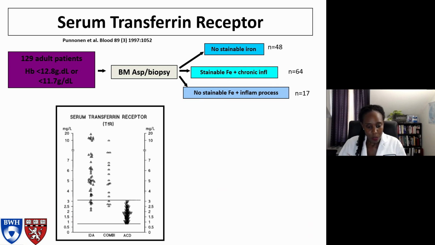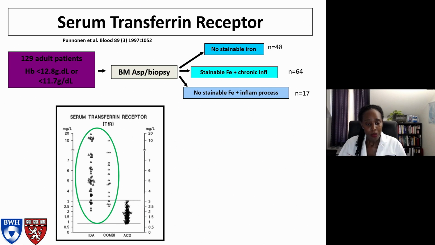Their results were plotted against the serum transferrin receptor that was found in each case. I would summarize this by saying it's only in the patients who had isolated anemia of inflammation that the serum transferrin receptor was really of any value. Whenever the anemia was complicated by iron deficiency, the serum transferrin receptor could be normal, which would be below that line at 3, or would be abnormal. So it wasn't of much use.